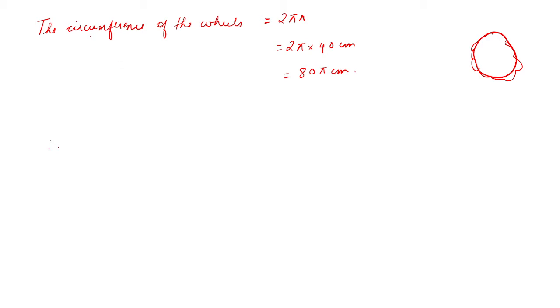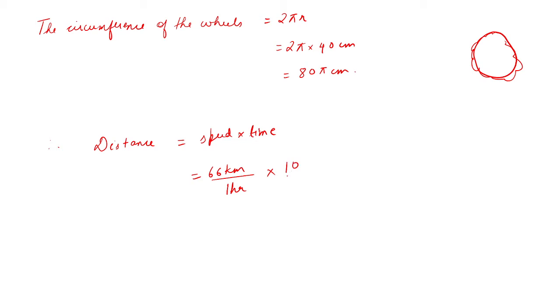Therefore, this is what we have, the circumference of the wheels. We have to find the distance, right? So the distance is equal to speed into time. Now we know the speed. What have they given as a speed? The car is traveling at a speed of 66 kilometer per hour, into the time that we have to find, which is 10 minutes.